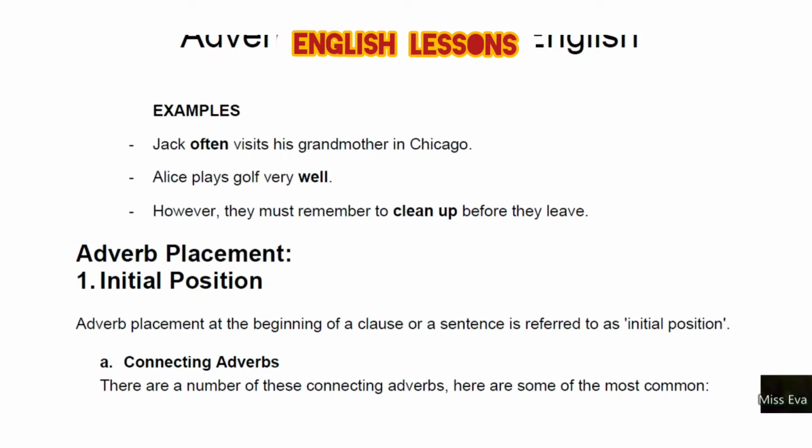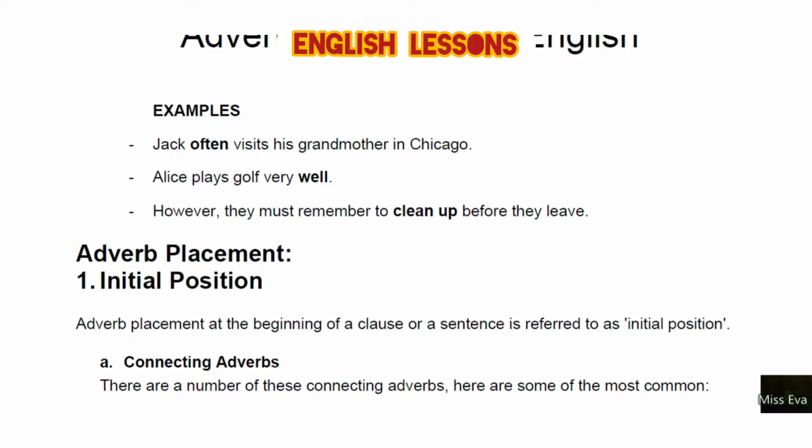Adverb placement is taught when focusing on specific types of adverbs, like a frequency adverb comes directly before the main verb. They come in the middle of the sentence. It means mid-position. There is initial position, there is middle position. We have three adverb placement positions.